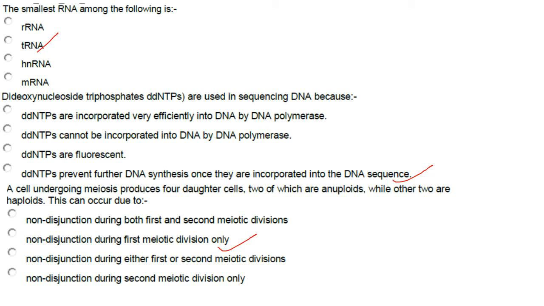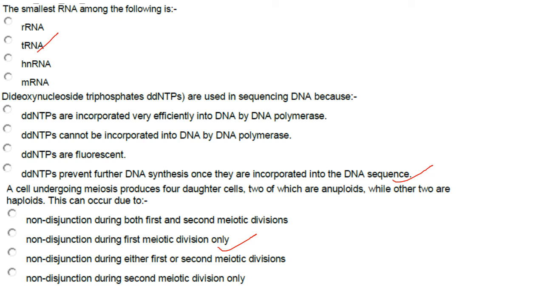The next one, a cell undergoing meiosis produces 4 daughter cells, 2 of which are aneuploids while other 2 are haploids. This can occur due to non-disjunction during first meiotic division only. Now the process of separation of homologous chromosomes during anaphase 1 is referred to as disjunction. This process is responsible for reducing the chromosome number to half.